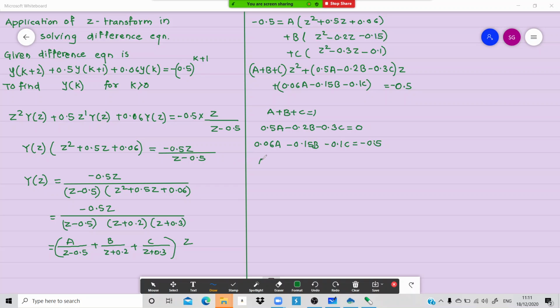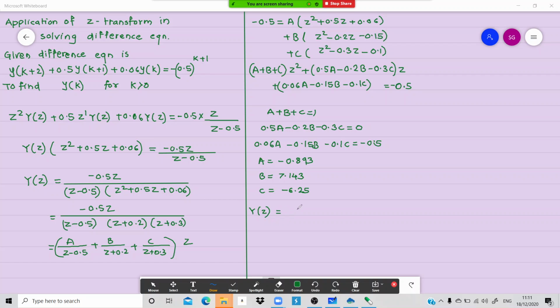So I got A is equal to minus 0.893, B is equal to 7.143, and C is equal to minus 6.25. Okay, so what we got now? Y of z, if I substitute, and this z I multiply to every factor.